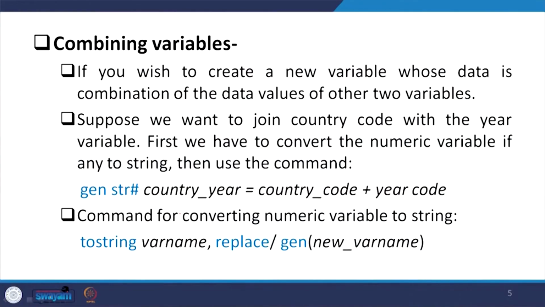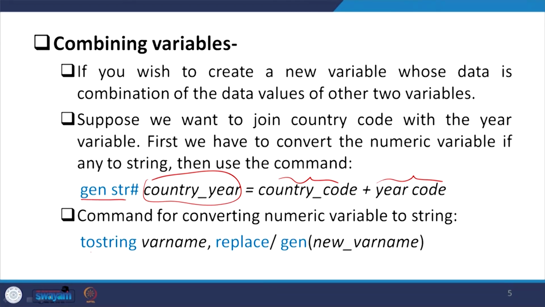What we do, you convert the numeric to string, then use this particular command, generate string. If your year is 1, okay, you wanted to constrain year, if you know the correct number of characters, you enter here as str and its number of characters. Okay. Then is equal to the two variables you wanted to combine, this and this, is it not. Now, how to make it string?